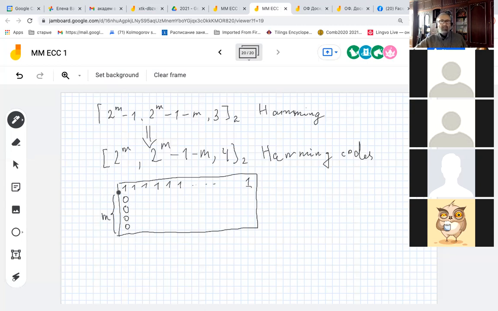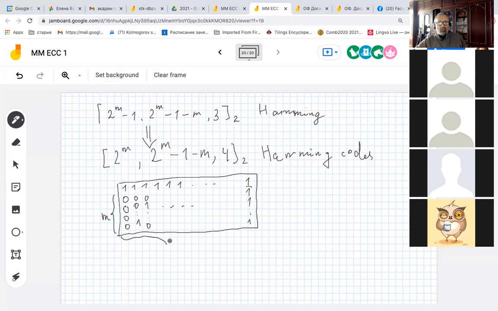So we have m plus 1 equations, and this is the parity check matrix. So we list all the columns of height m. And so we have m plus 1 equations.